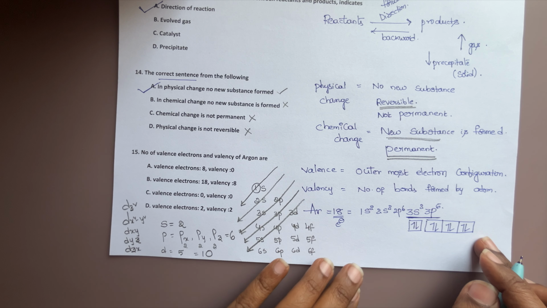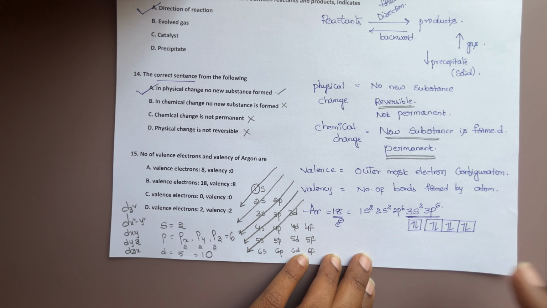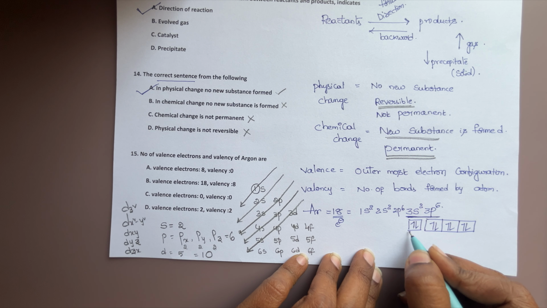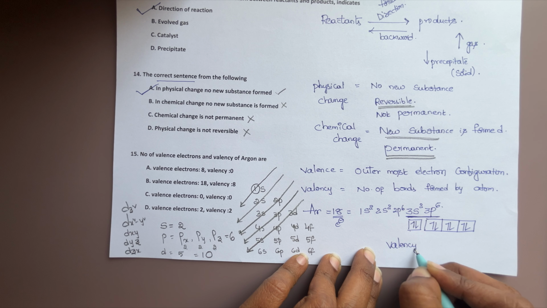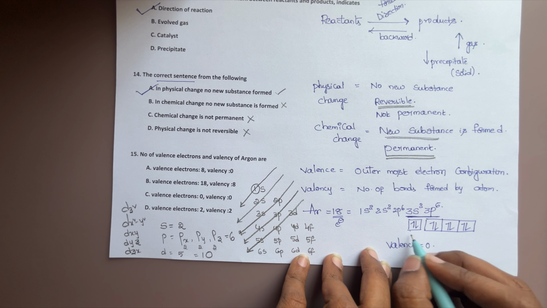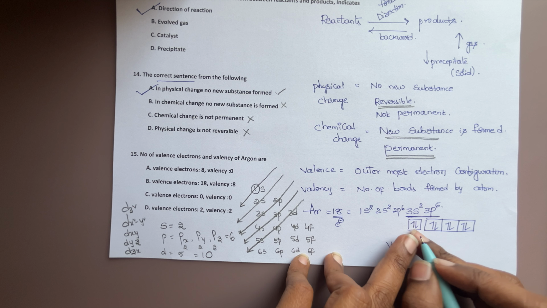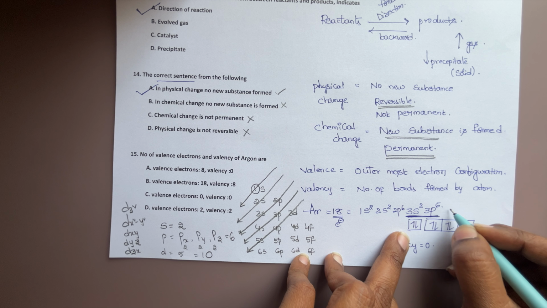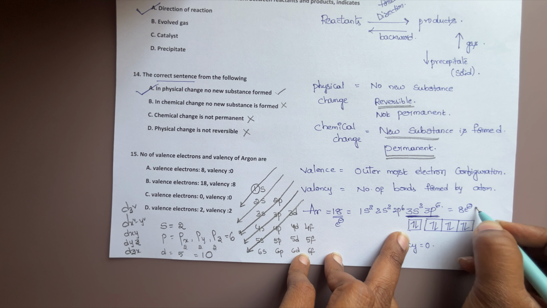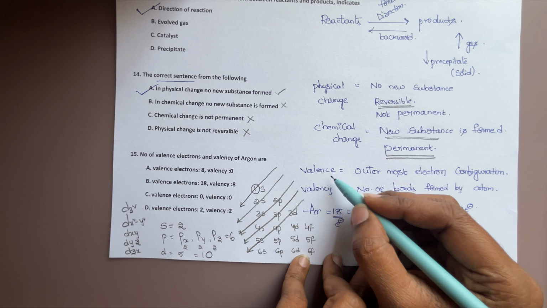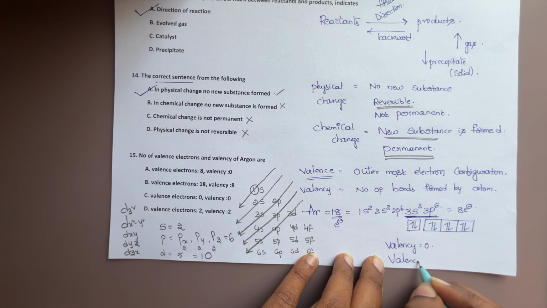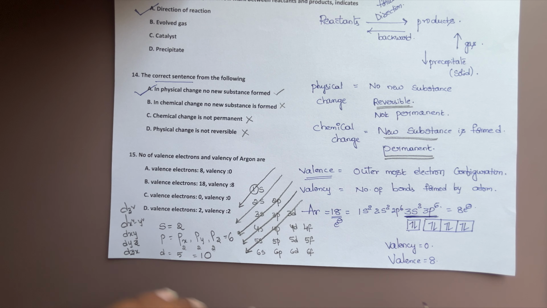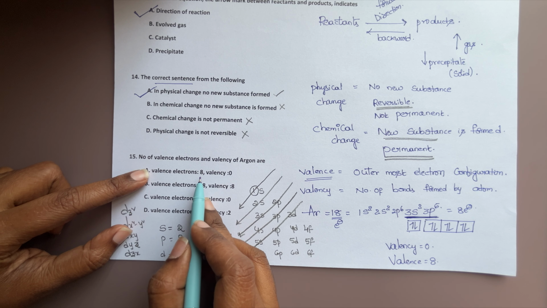If it is completely filled, it won't form any bond with any other substance, so valency is 0. But how many outermost electrons are there? 8 electrons are present in the outermost shell. That is the number of valence electrons. So valence electrons are 8, valency is 0.